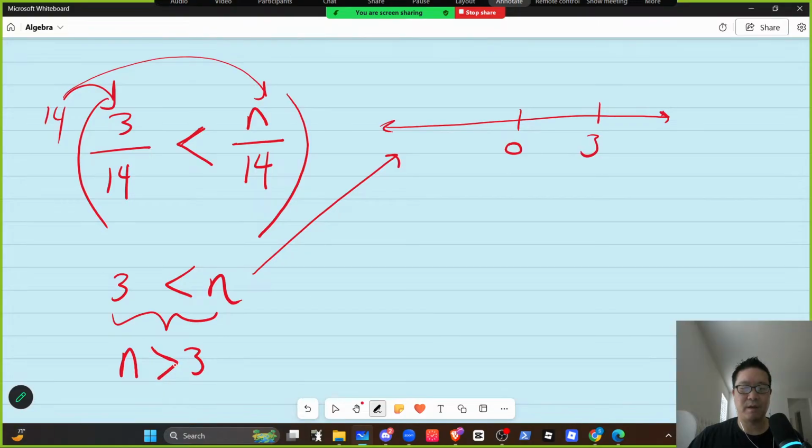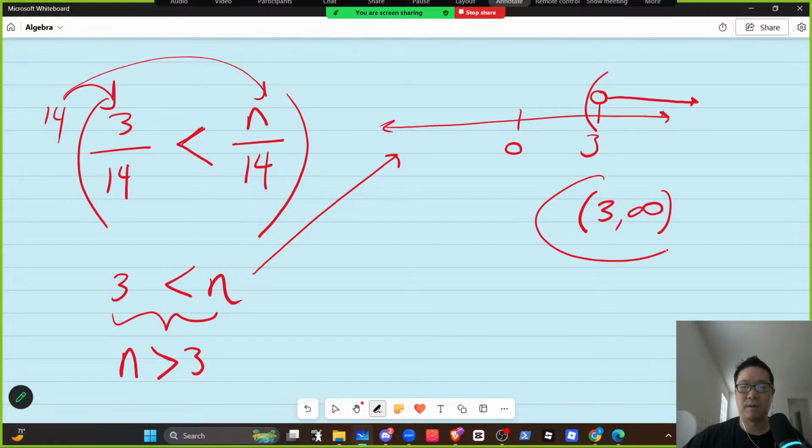It's pointing to the right, and it's an open circle because it's a strict inequality. Or you could realize that the inequality is telling you it's all numbers greater than 3, but not including 3. And from this graph, you can see the interval notation. It's 3, not including 3, to positive infinity. Okay?